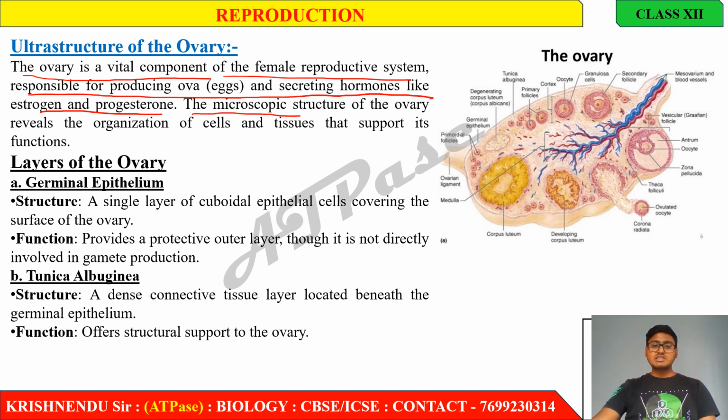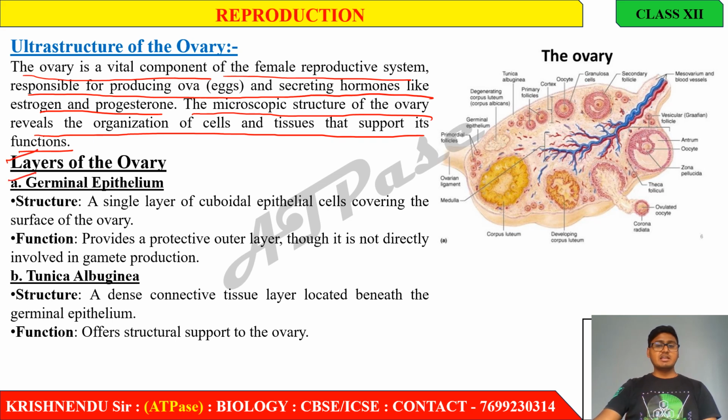The microscopic structure of the ovary reveals the organization of cells and tissue that supports its function. So what is the microscopic structure of the ovary and how does it look under the microscope? Let's learn the layers of the ovary.